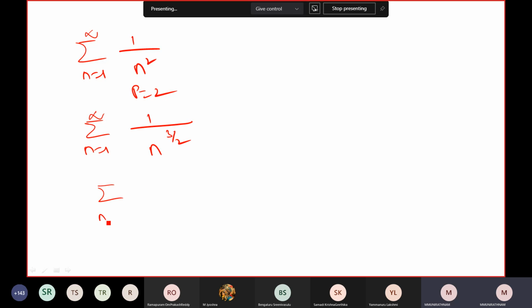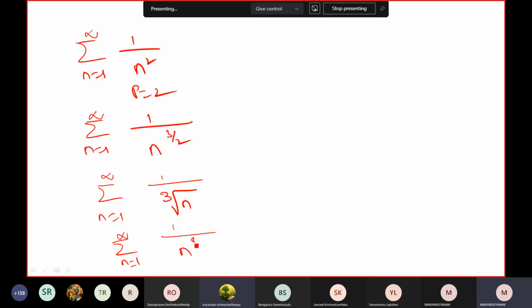Which is convergent or divergent? Second one converges. Third one diverges. Fourth one diverges.